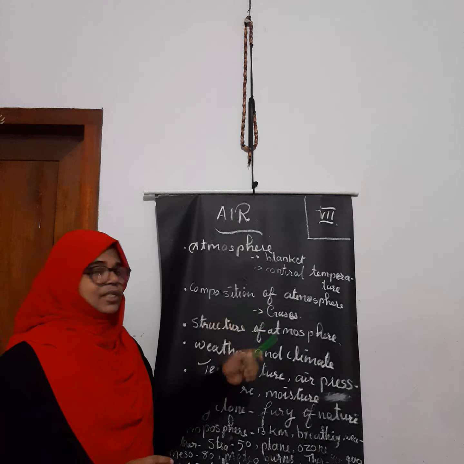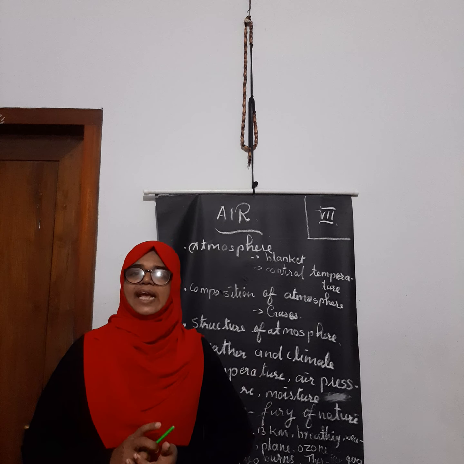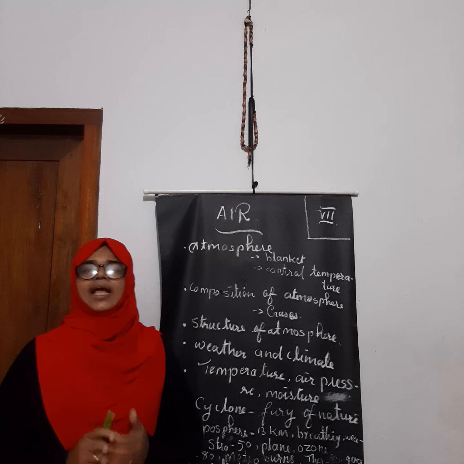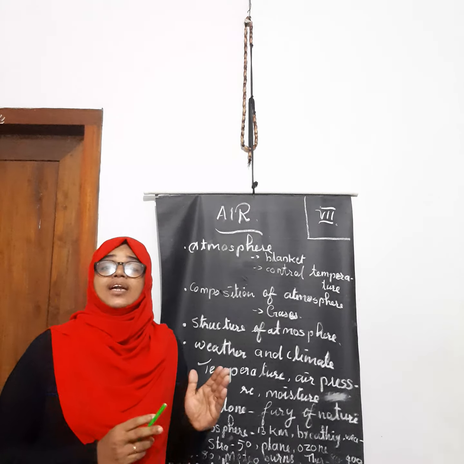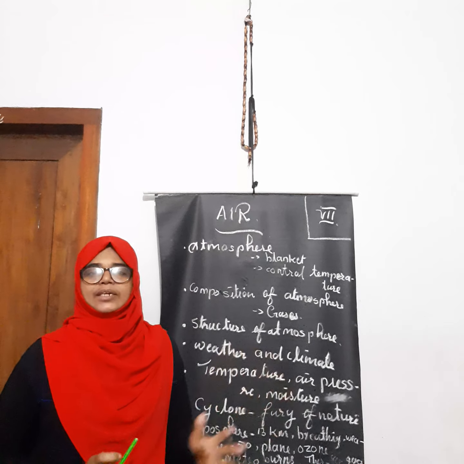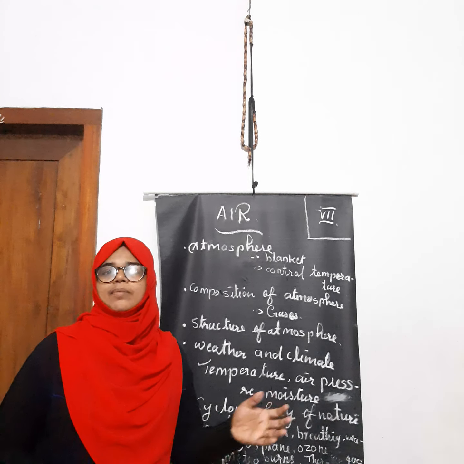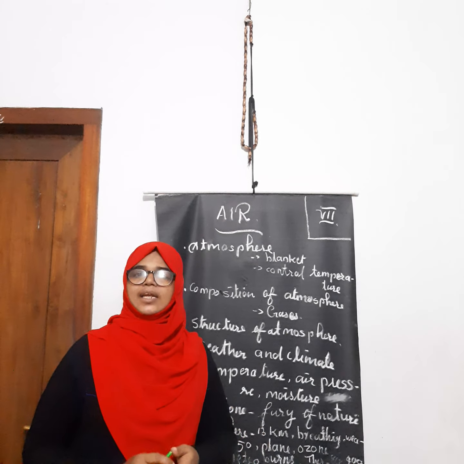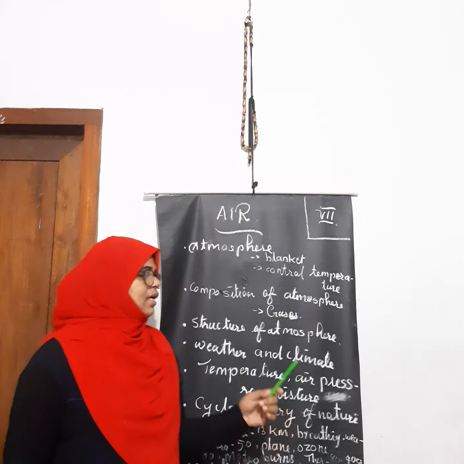Next one was the composition of the air, which are the important gases found in the air, what their importance is, and what their proportions are. For example, nitrogen is the majority gas found in the atmosphere, next comes oxygen, and only 1% other important gases like that. Everything is clear.